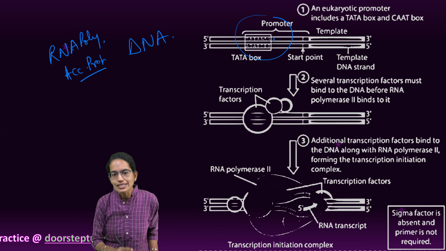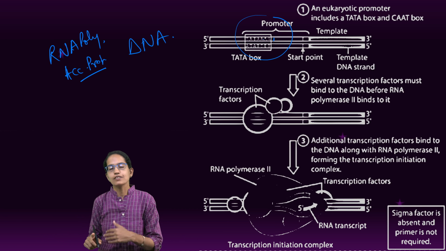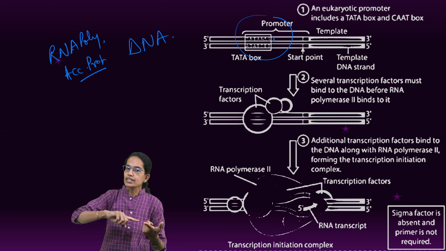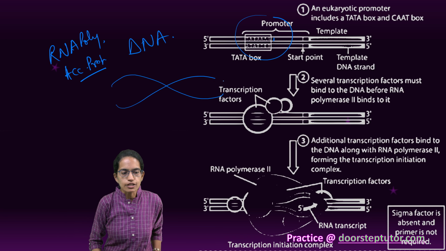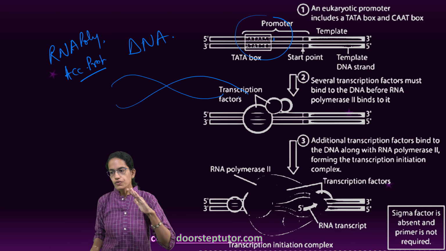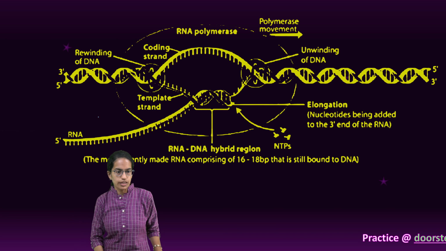Now as RNA polymerase binds to the promoter site, it would begin to synthesize the strand of RNA complementary to one side of the DNA. So if this is one side of the DNA, the RNA would be synthesized on the other side based on the process of initiation, and then the process of elongation would take place.